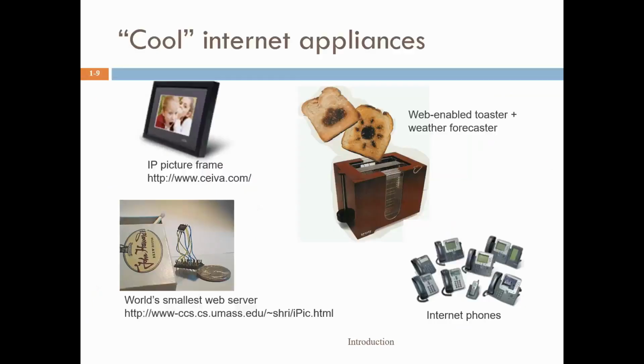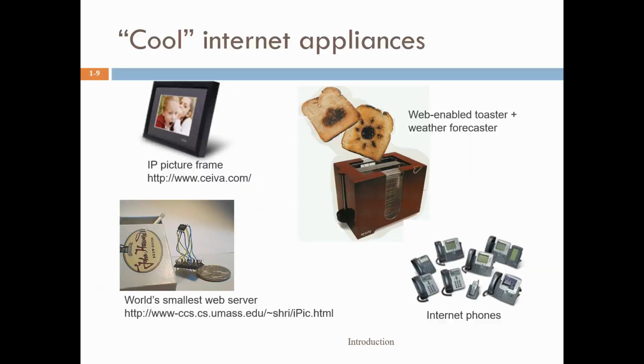Okay. Historically, there used to be only computers connected to the edge of the internet. So the edge devices consisted only of computers. Now this view has evolved. We have so many different types of appliances connected to the internet. You can have, for example, a smart toaster that prints the weather over your toast.